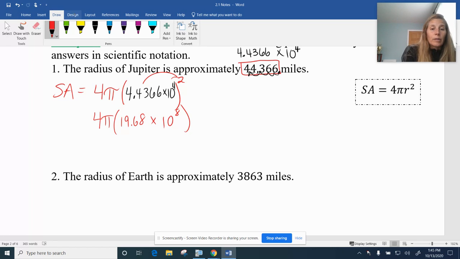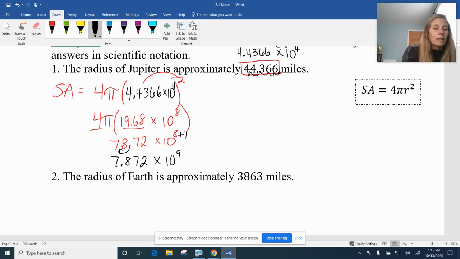So I'm just going to forget about the pi right now. I'm just going to multiply these two. And I end up with 78.72, I believe. And then, of course, we have that little problem here where we got to move that over and add 1. So it's 7.872 times 10 to the 9th.